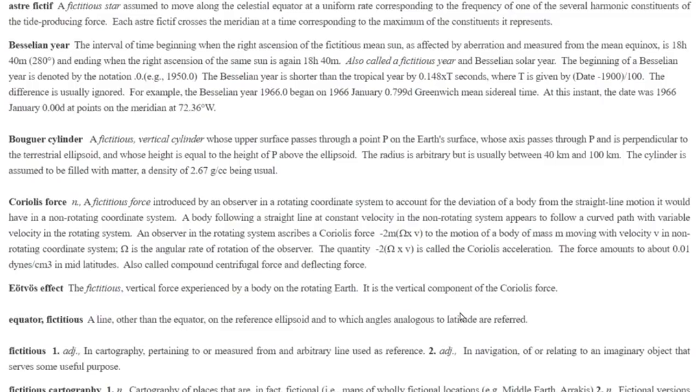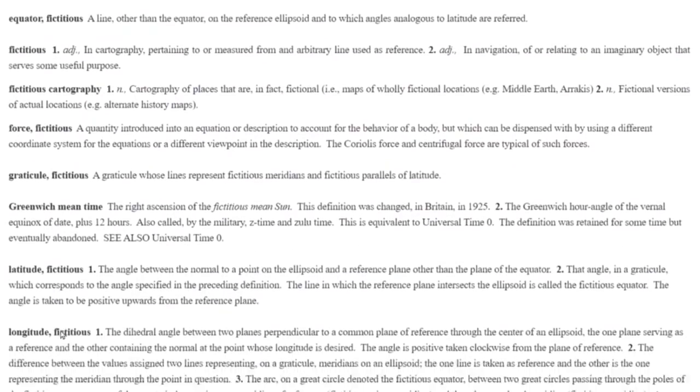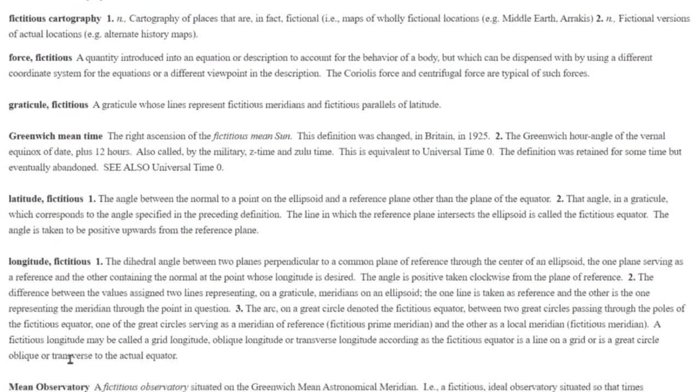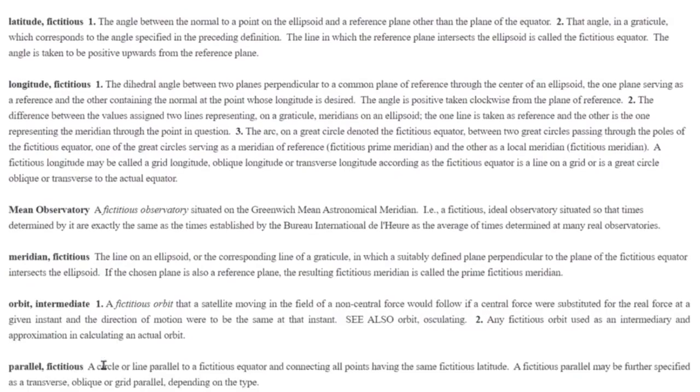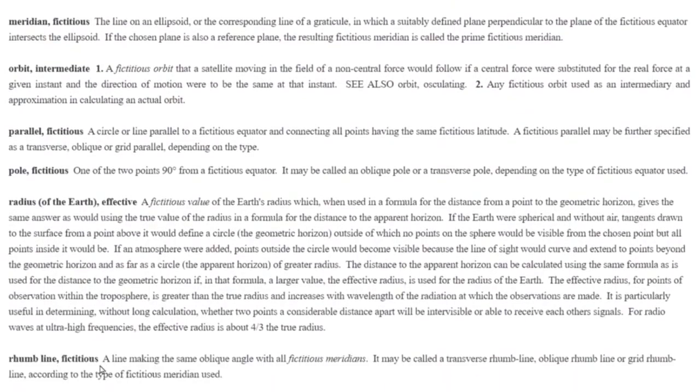And then they go through these topics as you scroll down: Coriolis, equator fictitious, fictitious cartography, all the way down to latitude fictitious, longitude fictitious, keep going, parallel fictitious, radius of Earth effective fictitious. Interesting one there, by the way.